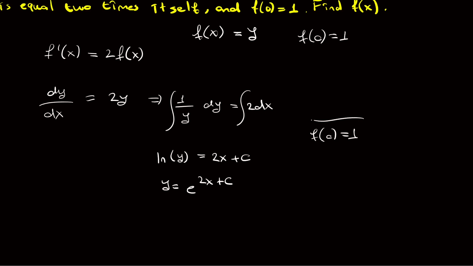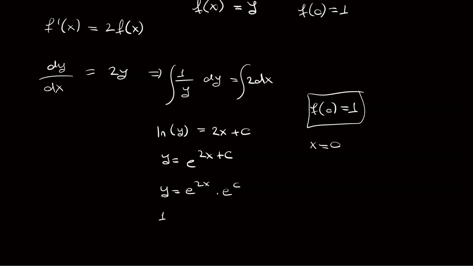I know f of 0 is equal to 1, so if I write 0 for x, y will be 1. y is equal to e to the 2x times e to the c. 1 is equal to 1 times e to the c. e to the c is equal to 1, so c has to be 0.